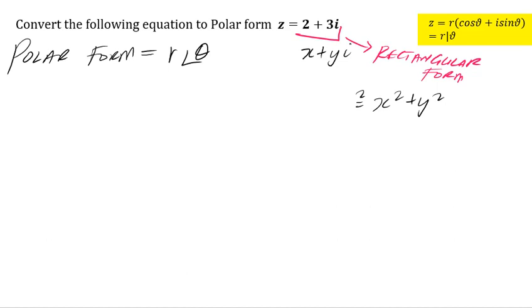So you need to calculate your r and also your theta. You calculate your r, then to get theta, you're going to use theta is equal to arctan of opposite over adjacent.